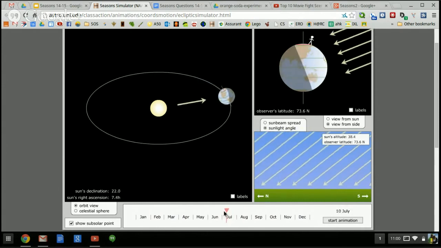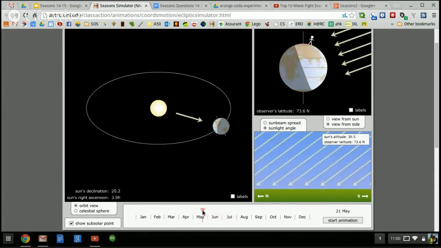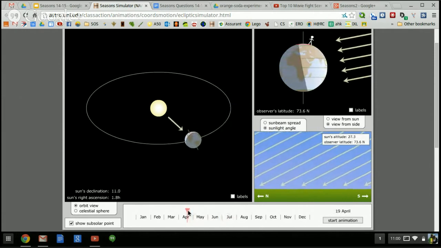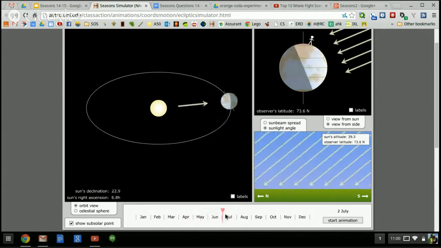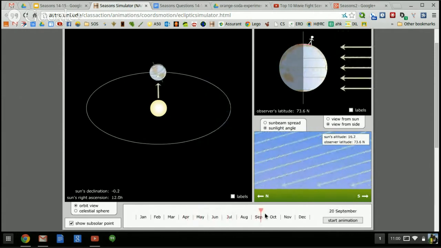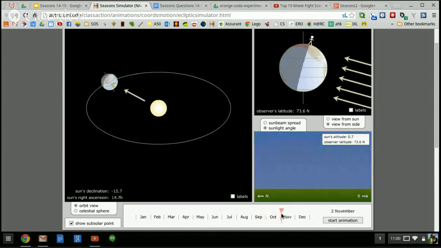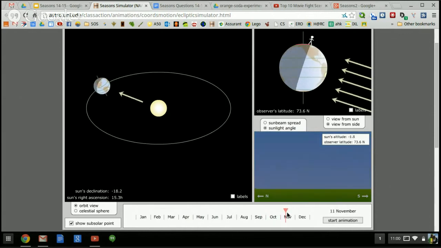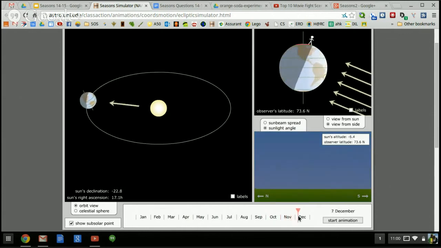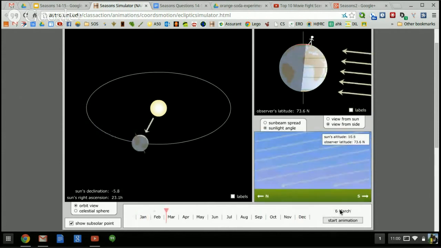So they have a couple months where the sun stays up and doesn't go down. But they also have a couple months where, look at that, the sun doesn't even come up. That red line is totally outside of it until there. So they have several weeks where the sun doesn't even come up.